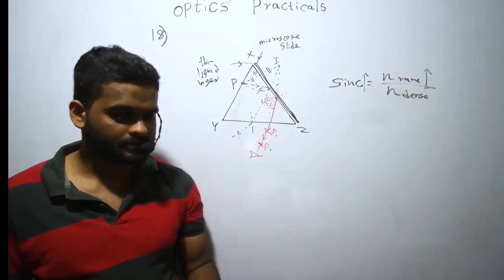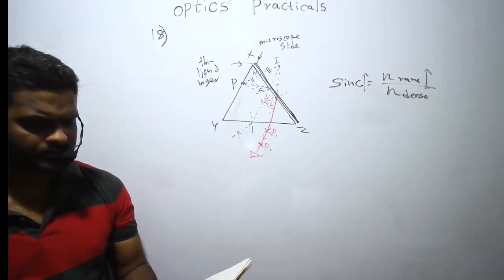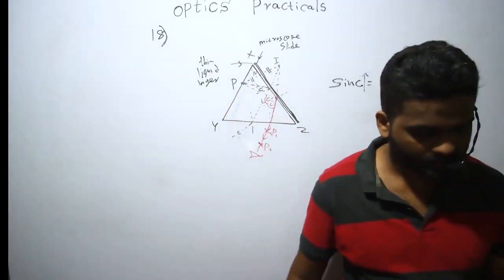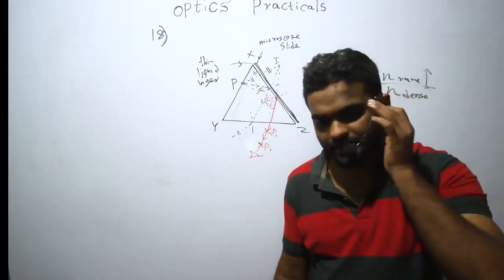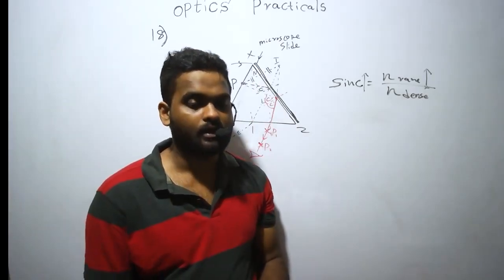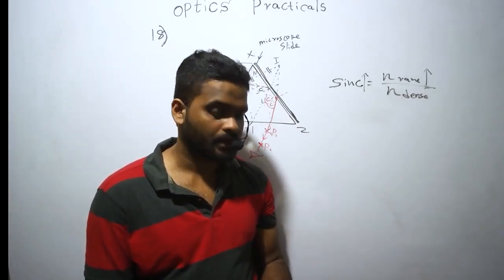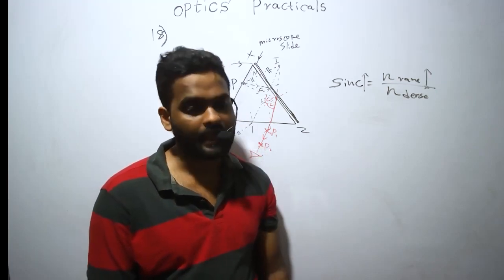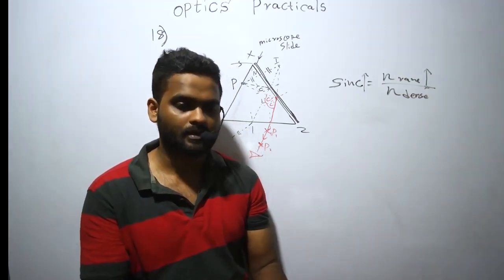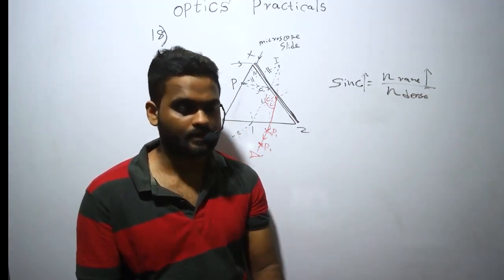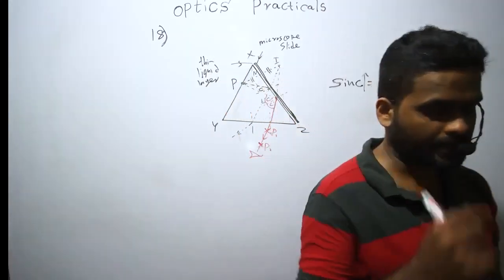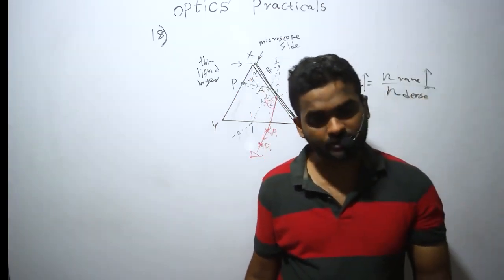Write down, since at both cases total internal reflection occurs at XZ, the position of capital I does not change.